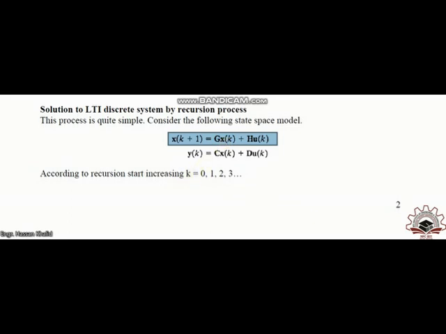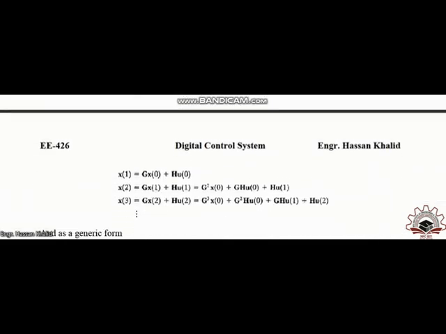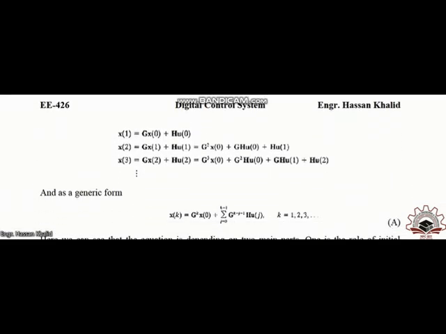Now by doing that, we can make a table to obtain the values of our states x1, x2 and x3, where x1 is equal to G x(0) plus H u(0). Similarly, x(2) is equal to G x(1) plus H u(1), and you can also realize that x(1) is actually equal to G x(0) plus H u(0).